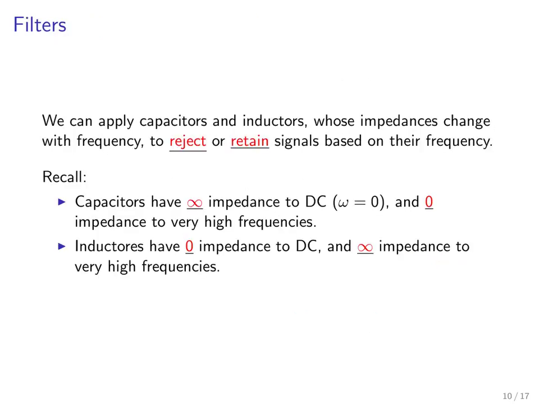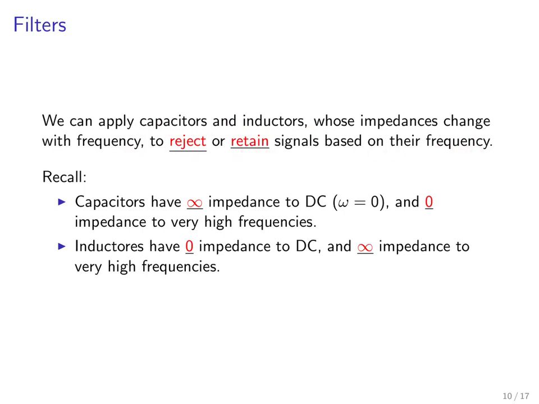Okay, so the reason we go to all this trouble to represent circuits and the effects of circuits in the frequency domain is that we can now, armed with this knowledge about transfer functions and what they do to an input signal at given frequencies, apply capacitors and inductors whose impedances change as a function of frequency to reject or retain signals based on their frequency.